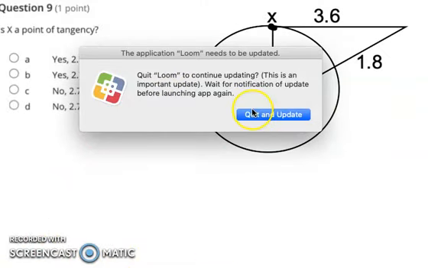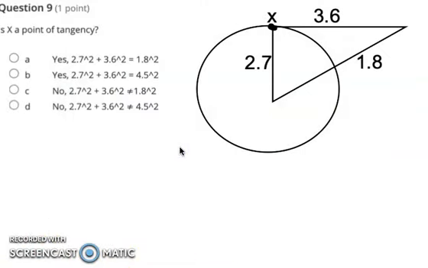Question number 9. Is x a point of tangency? If something is a point of tangency, that means this would have to be a right angle. The way we can check if it's a right angle is if the Pythagorean theorem is true. One other trick: if this is 2.7, so is this, so I need to use the hypotenuse as adding these together. That would be 4.5.